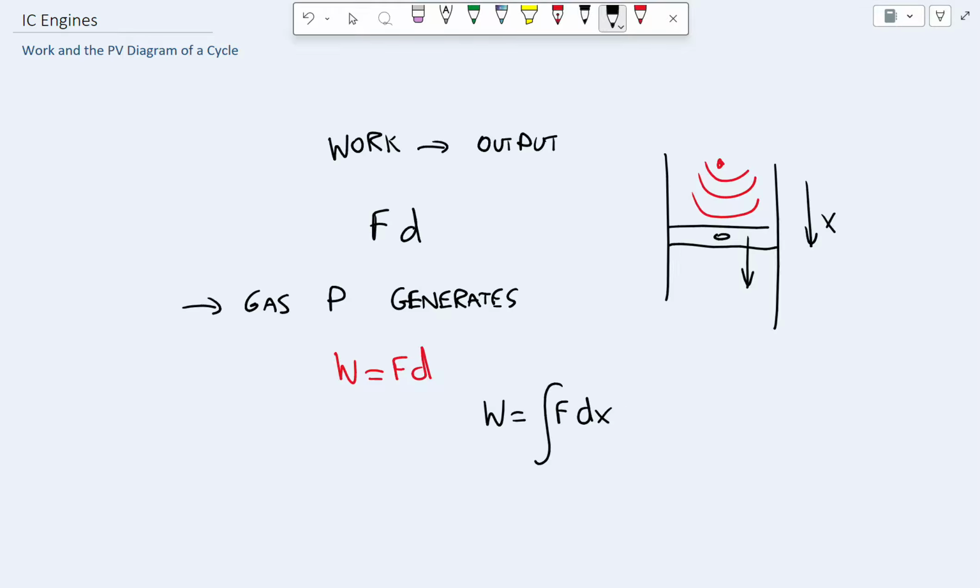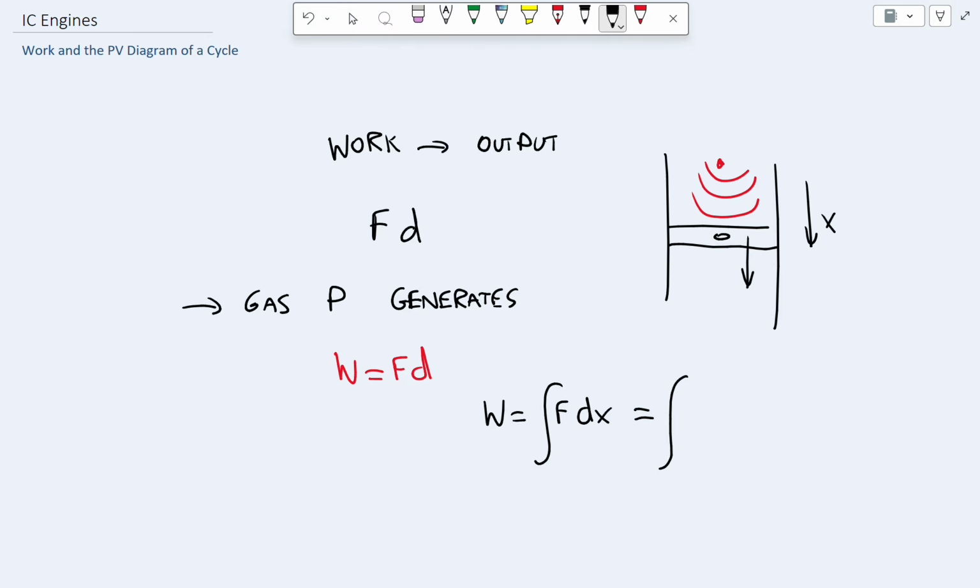Typically in an internal combustion engine, the work is not constant, so we do have to use that form of the equation. But we're going to see throughout these videos that it actually gets simplified a little bit as we go forward.